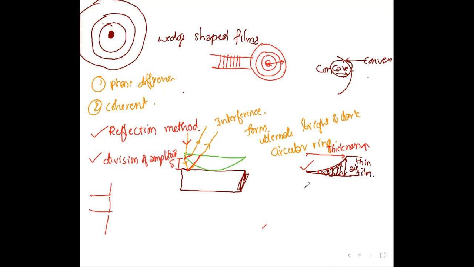But if you plot the locus of points with the same thickness, that is circular in shape. Just imagine in 3D, you are placing a convex lens on a thin glass plate. The thickness here is equal to the thickness here.